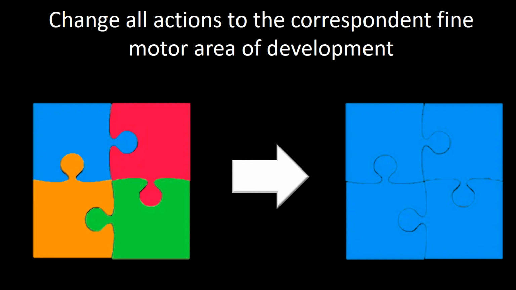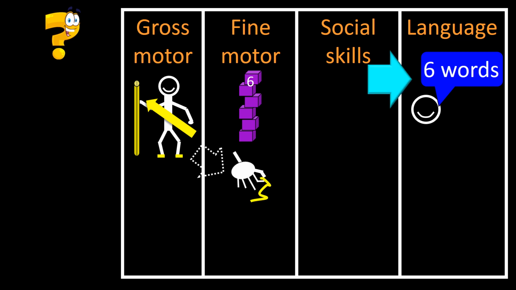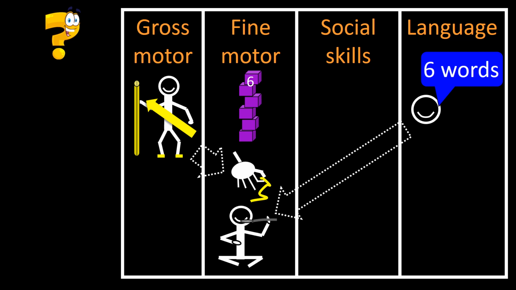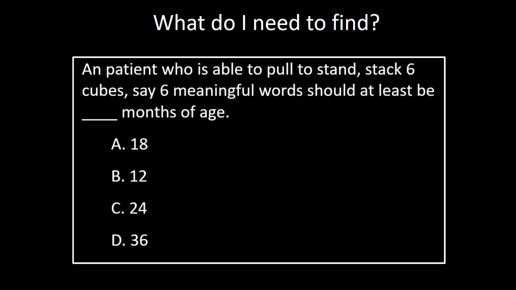But when there is no clear winner, as I told you before, it's best to use fine motor area development as the axis. So pulling to a standing position translates to using pincer grasp. Using 6 words translates to using a spoon to eat. Now that they are all in the fine motor area column, we need to ask ourselves, what should we do?